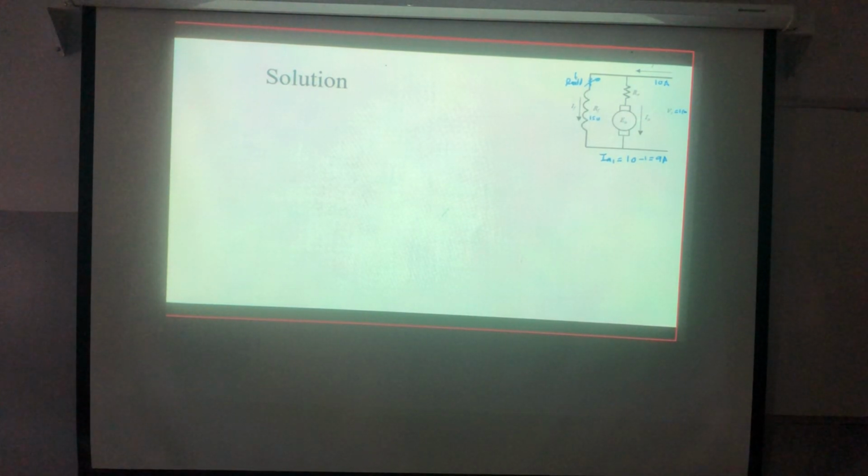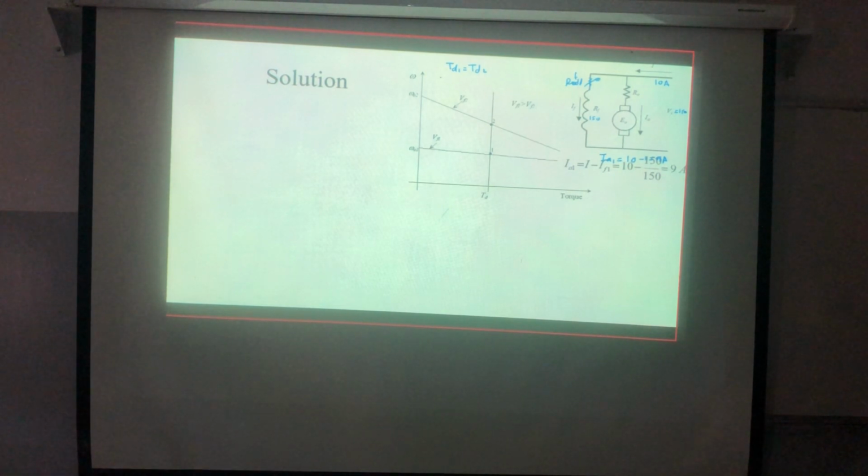Now let's see. In the first stage, because I'm driving a constant load, TD1 should equal TD2. Now, TD1 is equal to K phi 1 IA1. This must equal K phi 2 IA2.